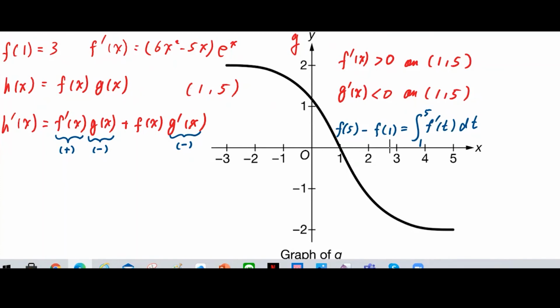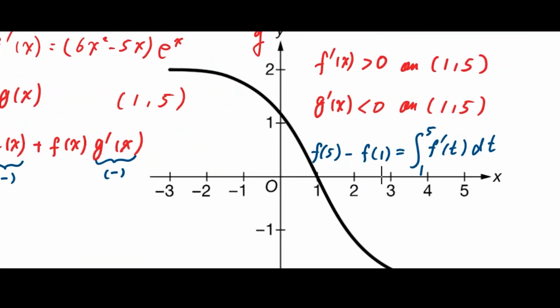However, now I can do one better, and there's a reason that I put t here. So instead of this 5, erase it. And then what happens if I put x there? I have created f of x with my favorite integral function. So now we can say f of x is equal to f of 1 plus the integral from 1 through x of f prime of t dt.